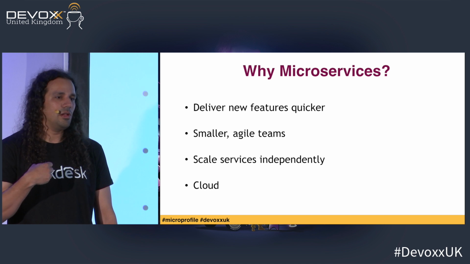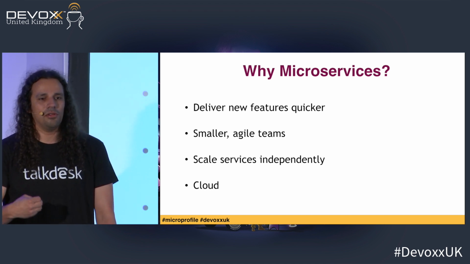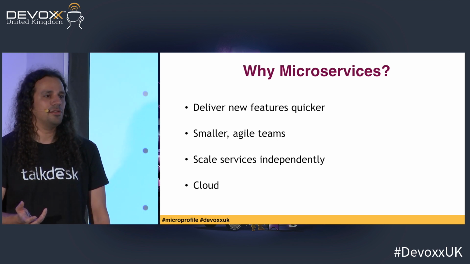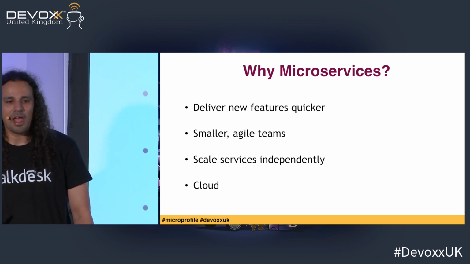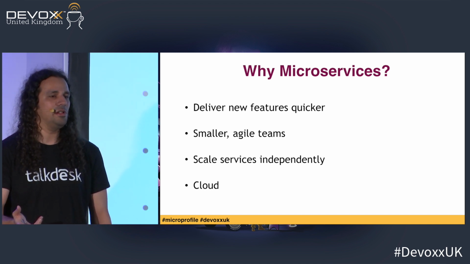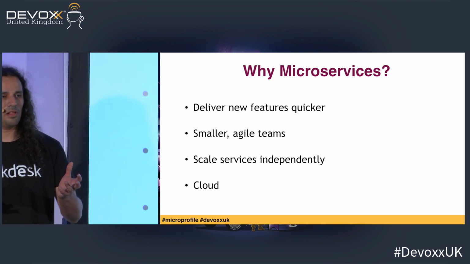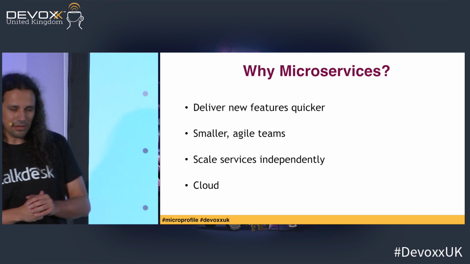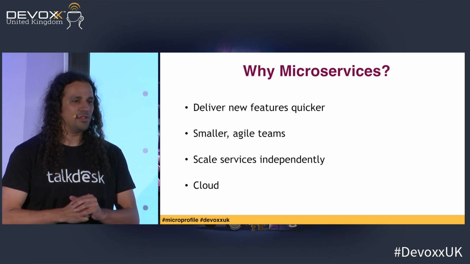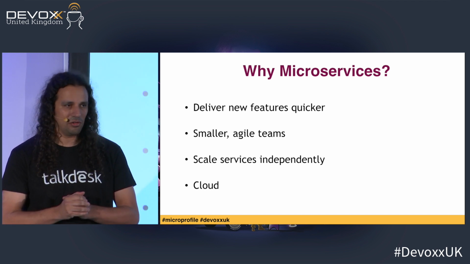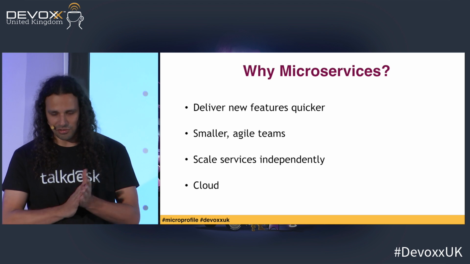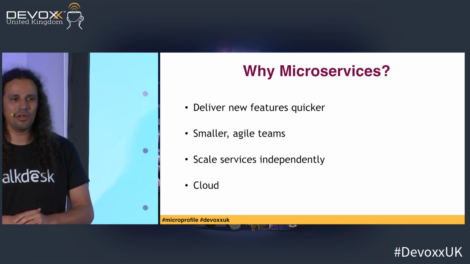If you think about Netflix, the guys who popularized this kind of architecture, the service they use to register a user has different needs from the service that streams movies, right? So they have to scale them independently, and that's one of the big advantages, one of the big motivations to develop these kinds of architectures, and of course cloud deployment.